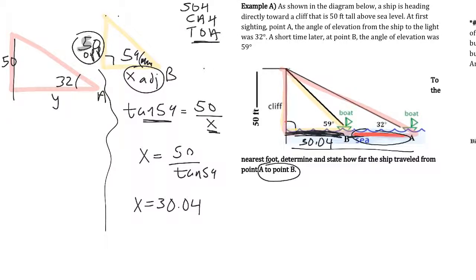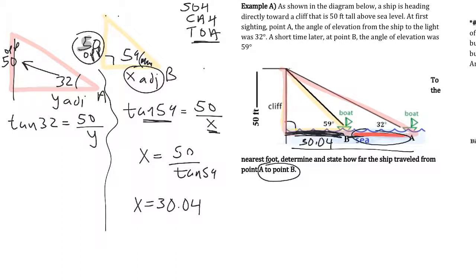Now we want to do the same thing and find the distance from boat A to the cliff. Luckily, once we do the first problem, it's going to be almost exactly the same. We're just going to change one thing, the angle. So this one, across from the reference angle, is the opposite. Next to the reference angle is adjacent. So again, it's going to be tan 32 equals opposite over adjacent.